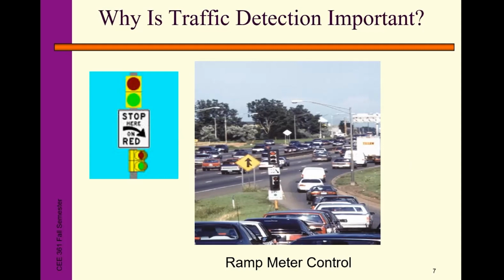I got one question from a student. Can traffic detecting technology detect a car accident? Yes. We use sensors to detect the congestion level. When an accident occurs, you will certainly see the traffic density level change.